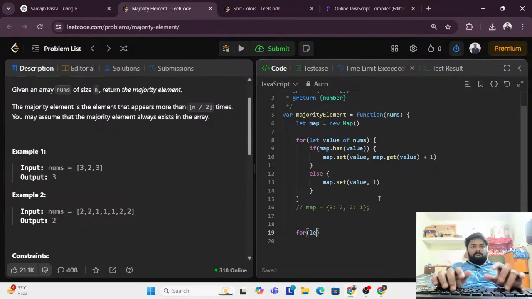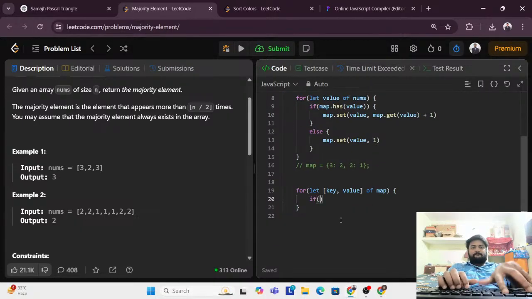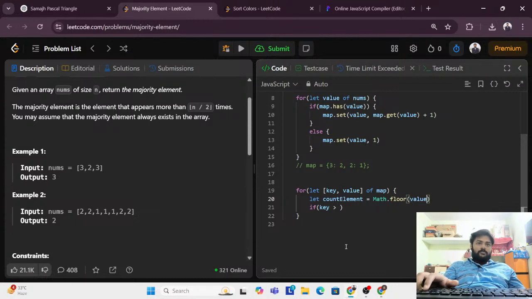let's try that. Key is here and value is here, of map. So I'll check if the key is greater than, maybe I can use over here element count element, maybe Math dot floor. No, I need a value now, because this is a value.